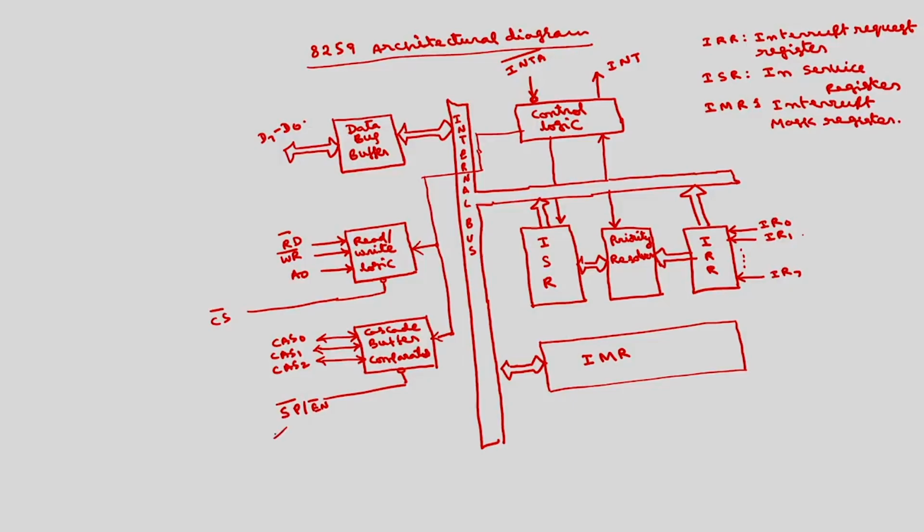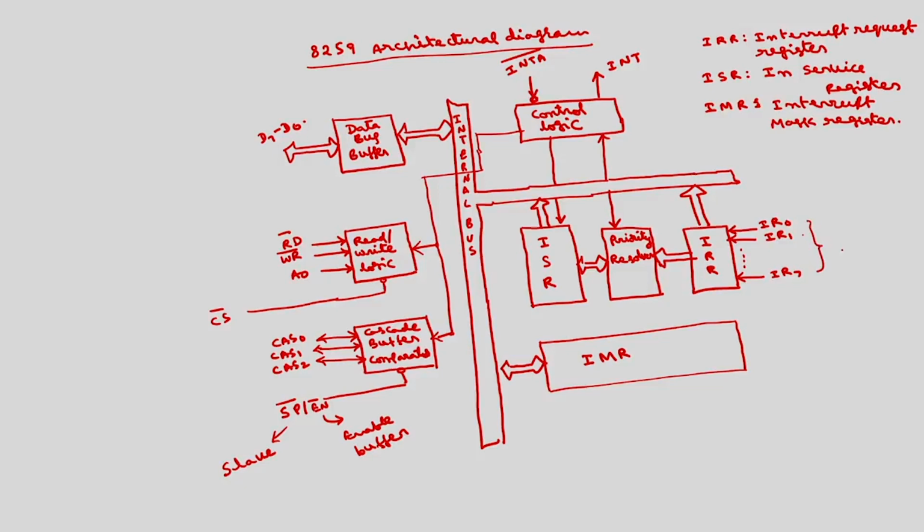So, SP stands for slave priority, EN stands for enable buffer. So, there are a total of 28 signals.